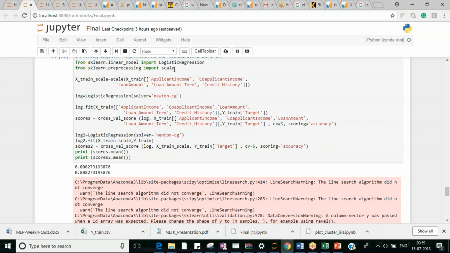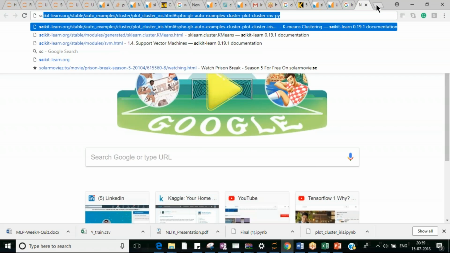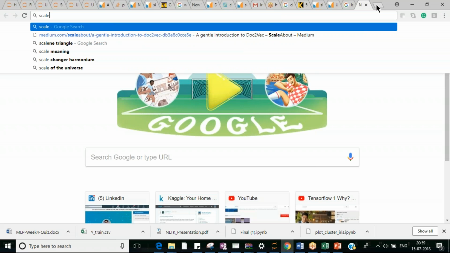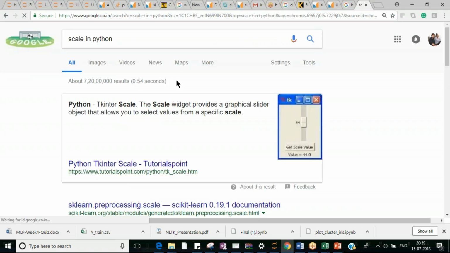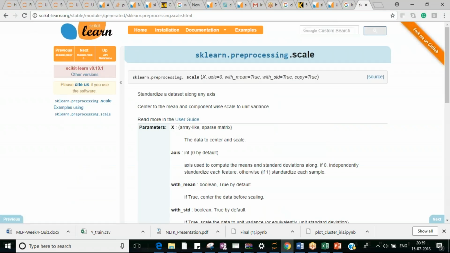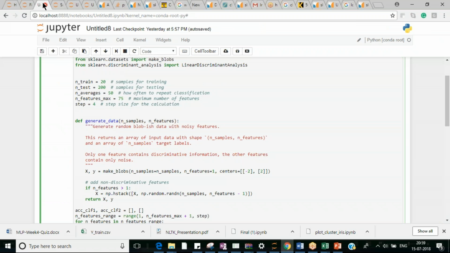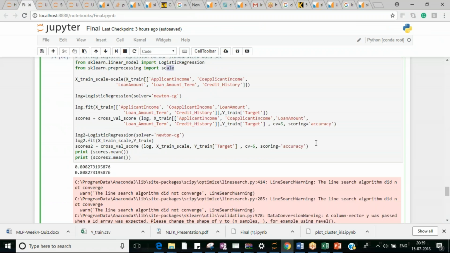I think scale also does a min max scale. Let's just see scale in Python. I think it does a normal scaling. Yeah, I got it. I'll think of this as a min max scaler for right now.